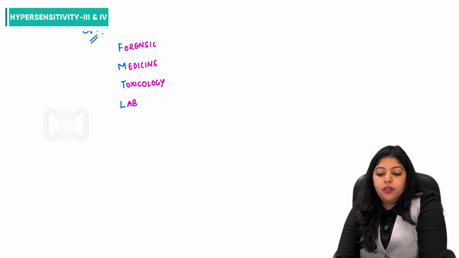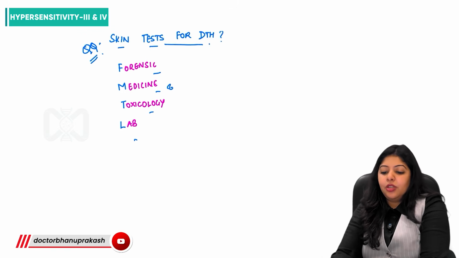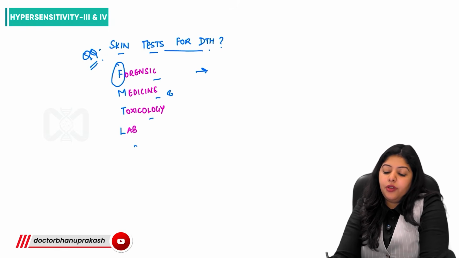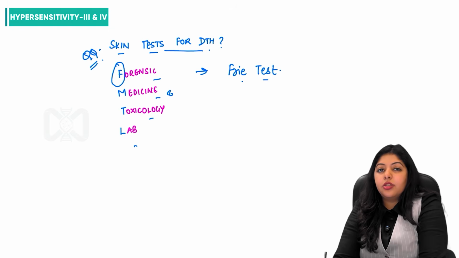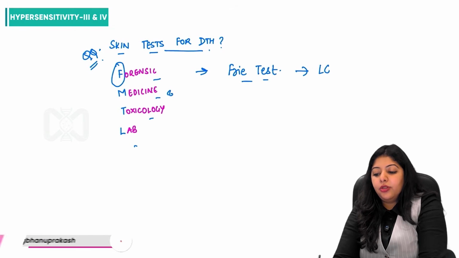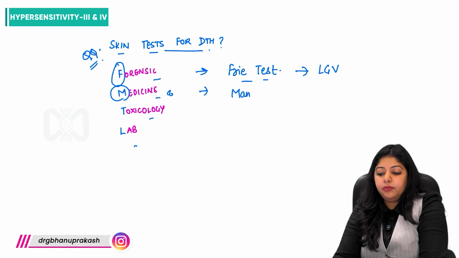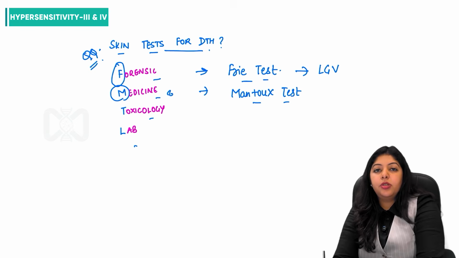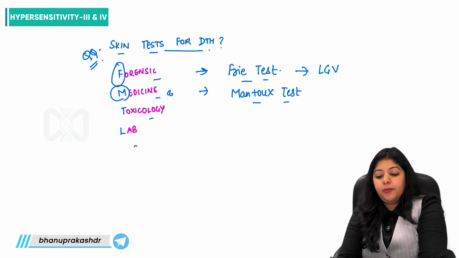I have a mnemonic: forensic medicine and toxicology lab for the skin test, right? So F stands for Frei test, which is done for lymphogranuloma venereum. Then M stands for Mantoux test, which is done for TB, tuberculosis, right? Also known as tuberculin test.